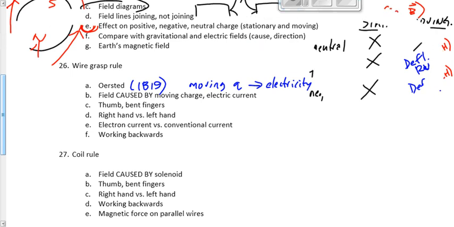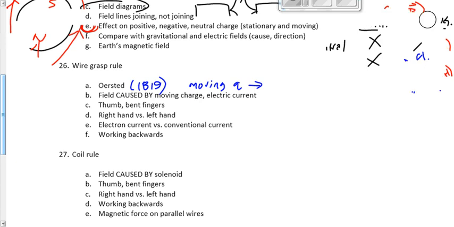Moving charges generate what? An electric field, right? That's wrong too. They do generate an electric field, by the way, but in this context, they generate a magnetic field. By the way, a moving charge will generate a gravitational field because it's got mass. It'll generate an electric field because it has charge, but it'll generate a magnetic field because it's moving.